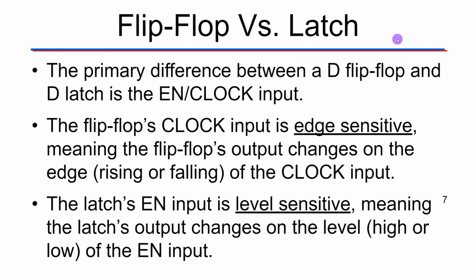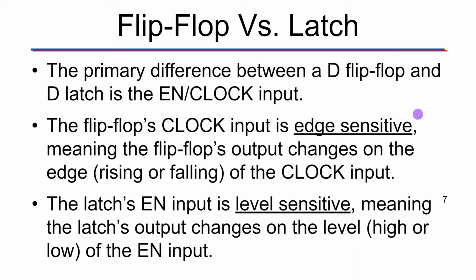There's also a distinction of a flip-flop versus a latch. A latch, sometimes called a D-latch or transparent latch, is similar to a flip-flop in that it saves state, but the main distinction is that a latch is going to show whatever the input is to the latch.